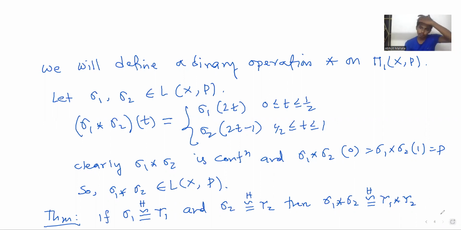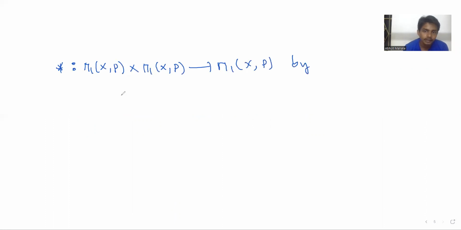So now move to the next topic, how to define star from pi 1 x comma p cross pi 1 x comma p to pi 1 x comma p, by sigma 1 class star sigma 2 class is nothing but the class of sigma 1 star sigma 2.